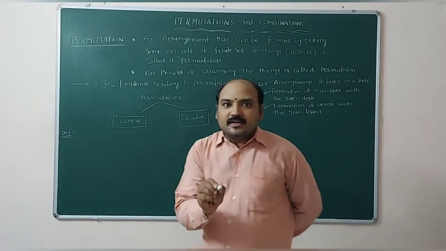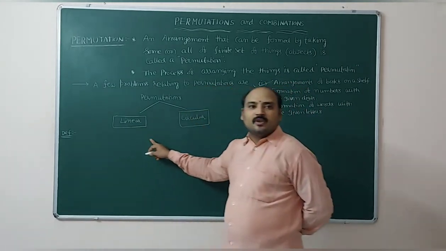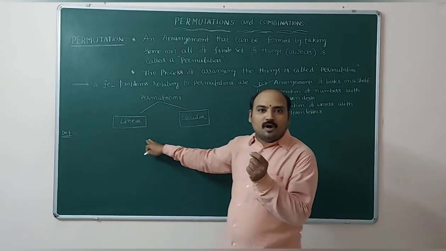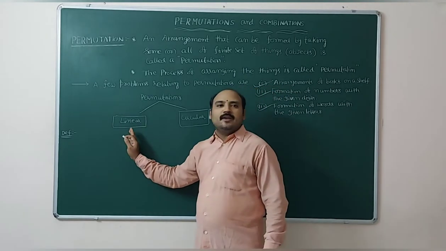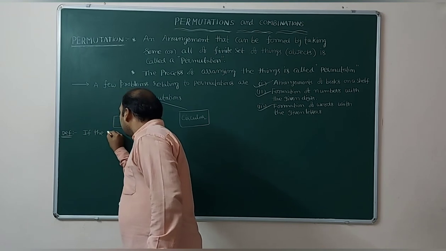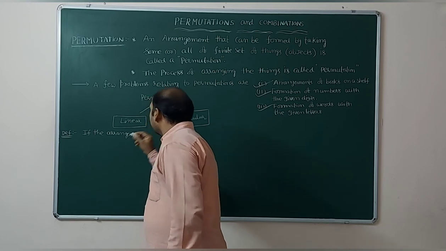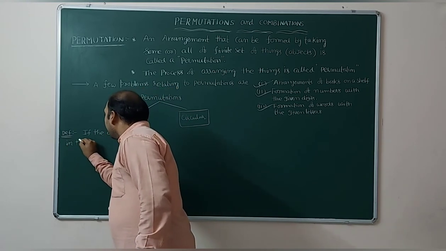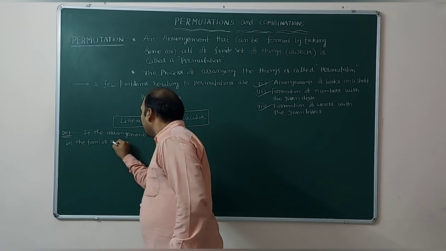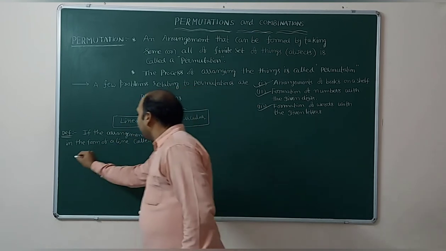If the arrangement of things is in a straight line, or in the form of a line, it is called linear permutation.